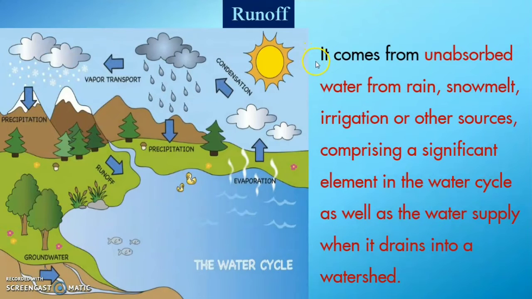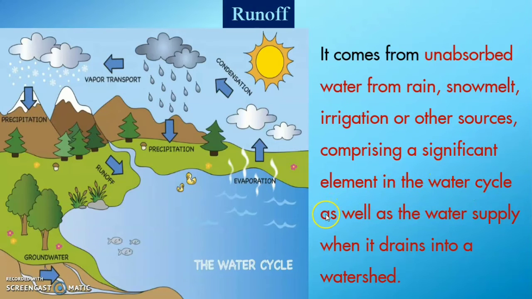Now let's see from where does this runoff water come. Children, runoff water is a part of precipitation that includes unabsorbed water from rain, snowmelt, irrigation and other sources, which also comprise a significant, that is an important element in the water cycle.